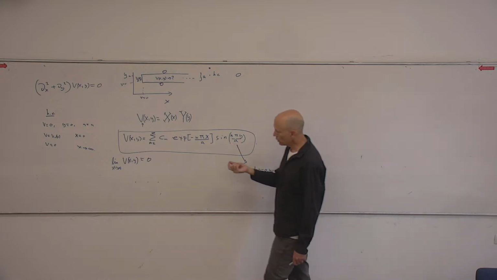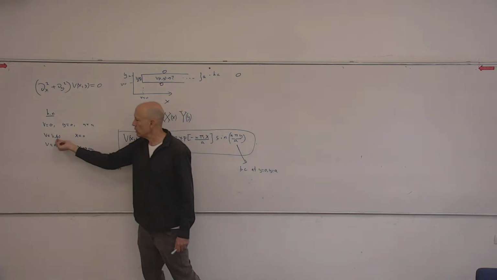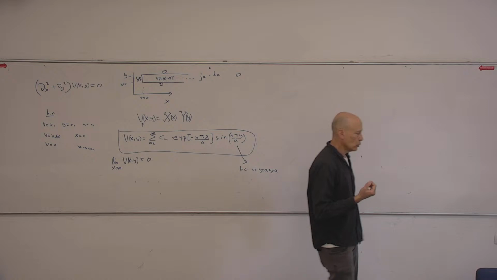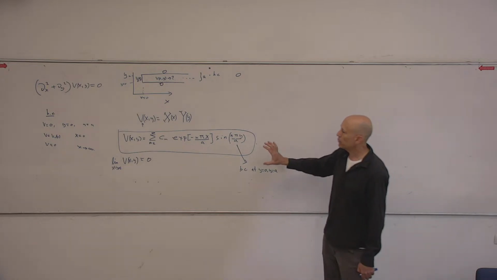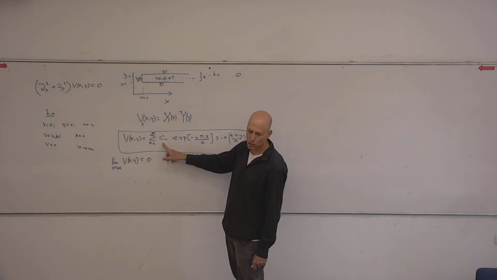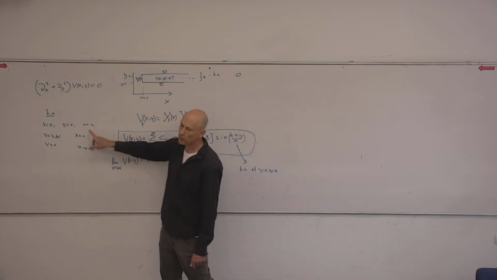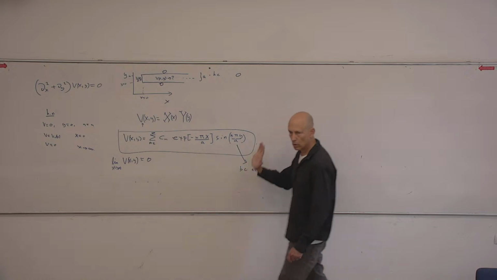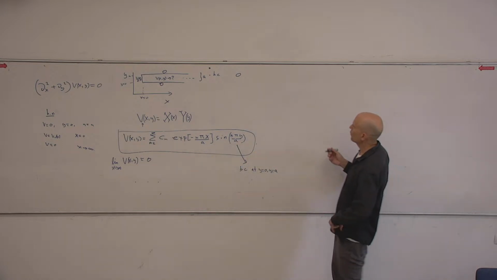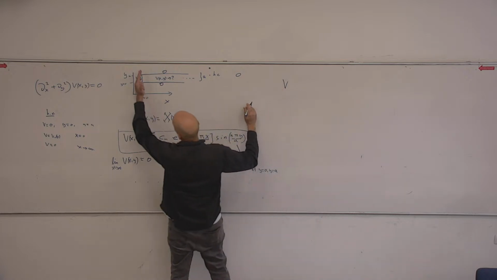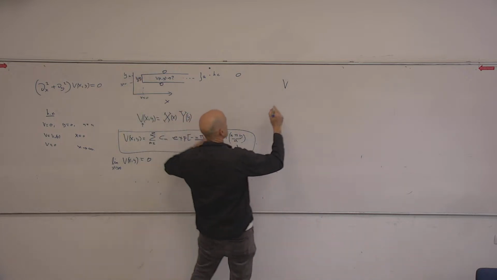But what does this Cn depend on? It depends on this V0 of y, right? So in quantum mechanics, we have similar infinite sums where Cn is given by the initial condition. Here there's no time, so Cn here is given by the boundary condition. So I need to go to the non-trivial boundary, which is x equals 0.